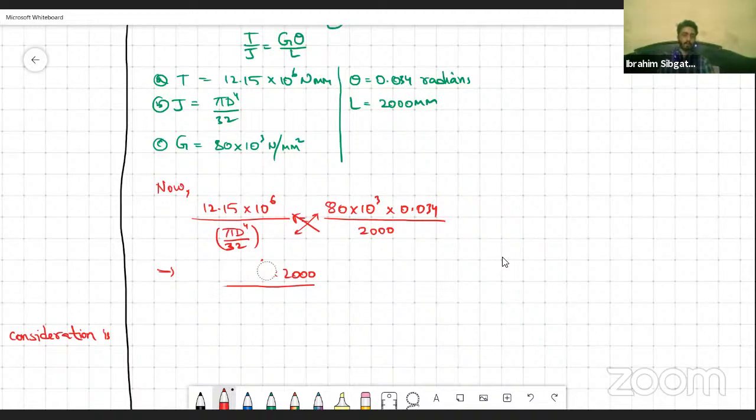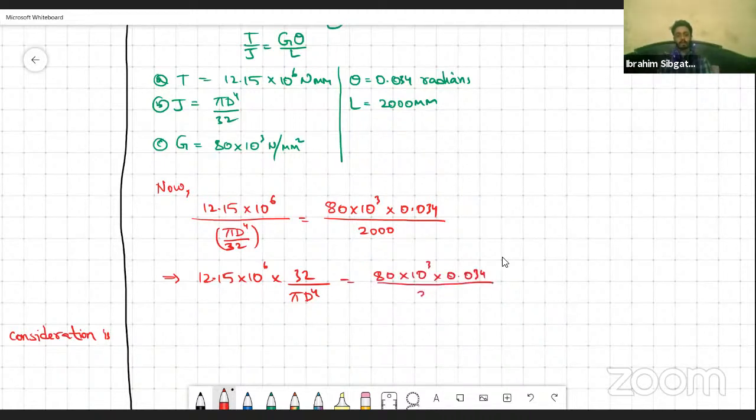We will first take a reciprocal of this. I'll explain that to you in that way. Let's not do the cross multiplication right now. What we will do is first take the reciprocal of this denominator. So it would be 32 by pi d power 4. And then over here it will be as it is, 80 into 10 power 3 into 0.034 divided by 2000.